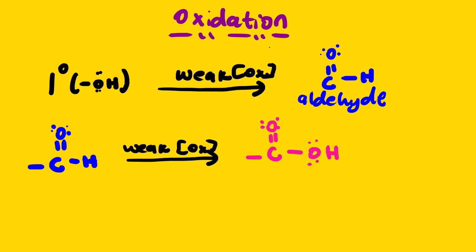we are going to get a carboxylic acid. But you should also take note that whether we use a weak or strong oxidant, if we oxidize an aldehyde, we are going to get a carboxylic acid.